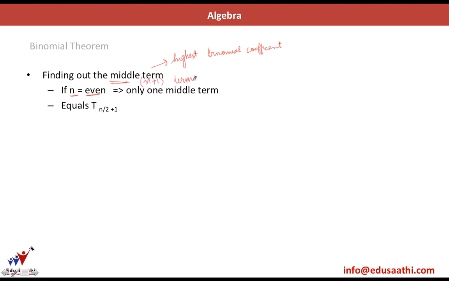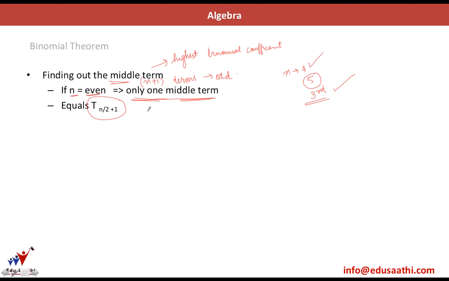That means the number of terms will be odd and you will have only one middle term. So if the value of n is 4, the number of terms is 5. So you will look at it that the third term is the middle term. You will have only one middle term, and that middle term will be t of n by 2 plus 1.